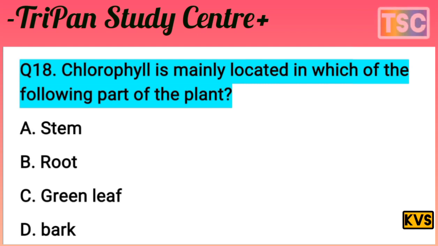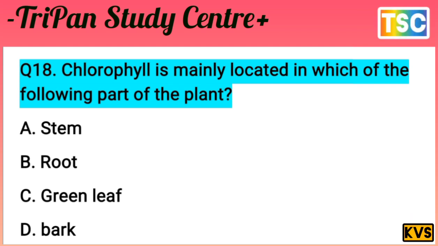Next question on your screen. Chlorophyll is mainly localized in which of the following parts of the plant? A. Stem, B. Root, C. Green leaf, and D. Bark. The question is very interesting, but first of all, one fact is important here.